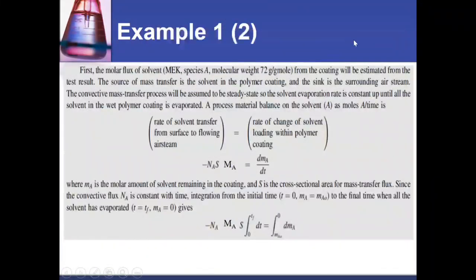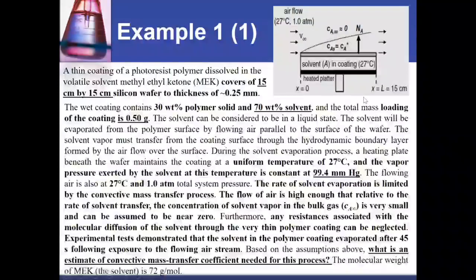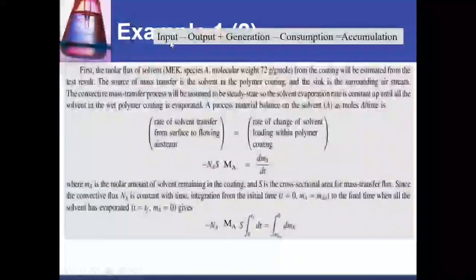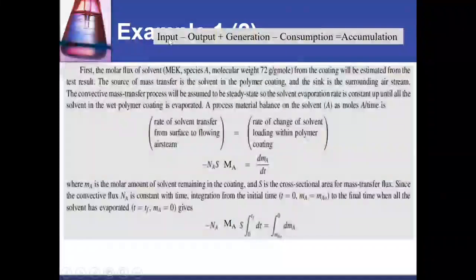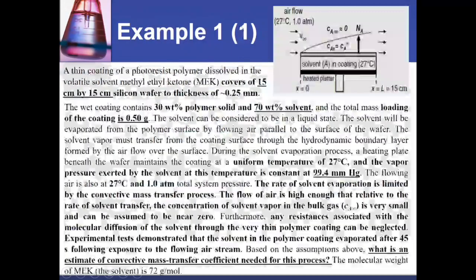This is on the coating. For the coating, we don't have any input because A leaves the coating, it doesn't enter. And there's no reaction, so generation and consumption are zero. So we have minus output equals accumulation. Again, we are talking about the coating here.